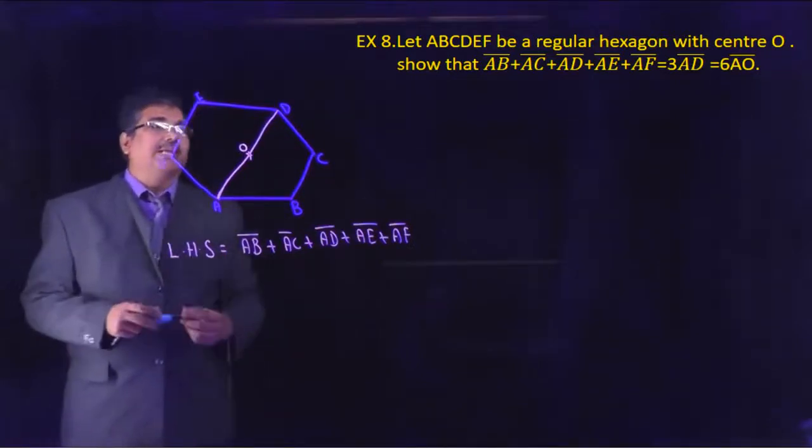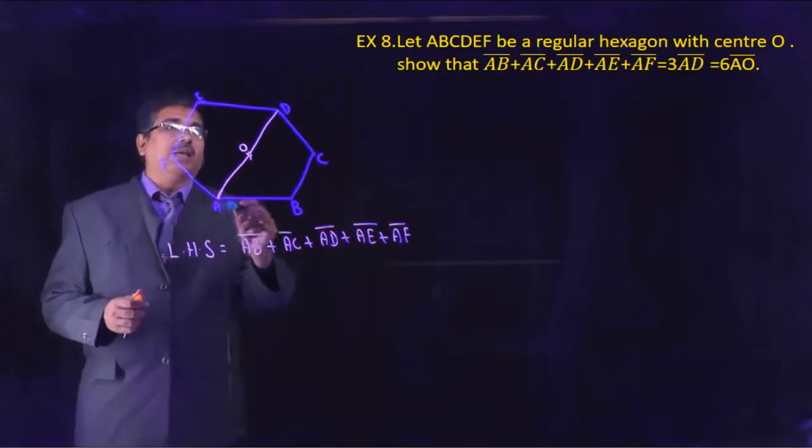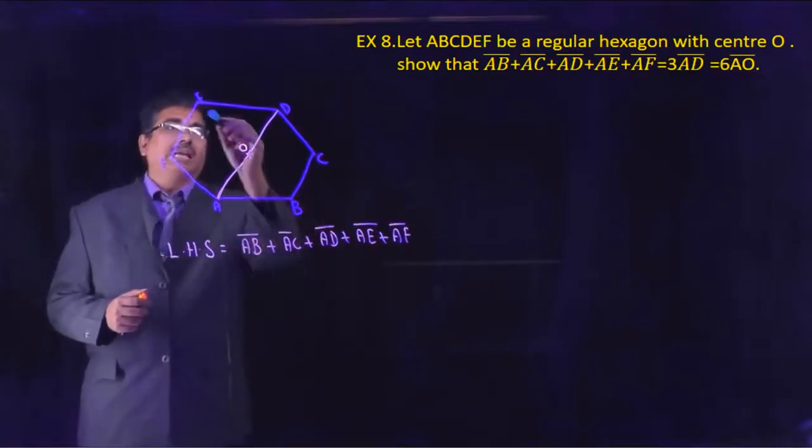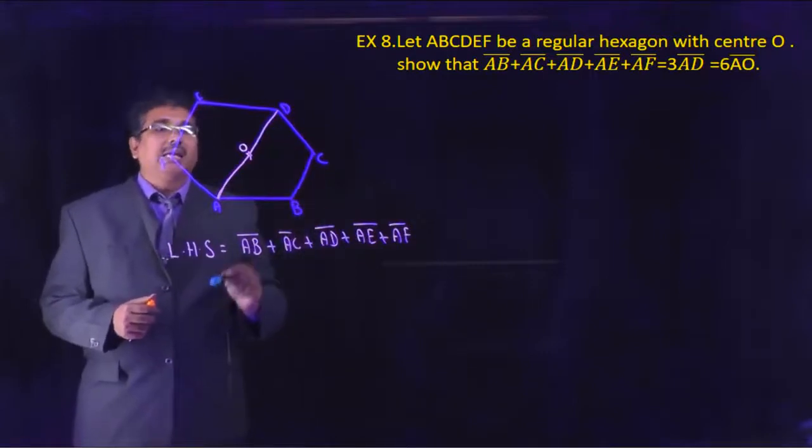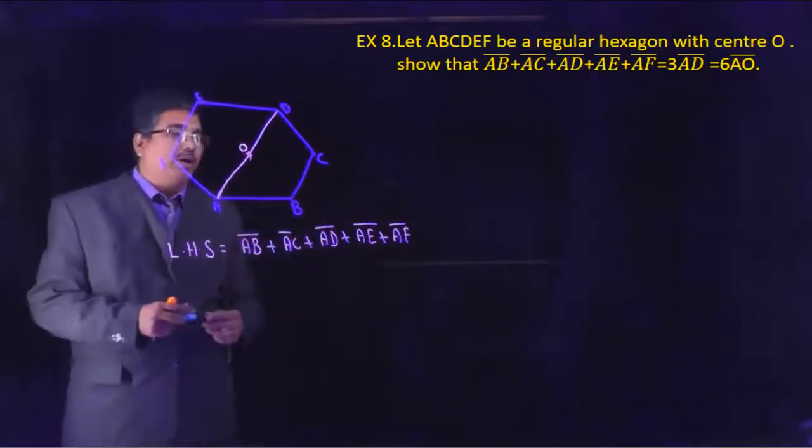In a regular hexagon, AB bar is equal to ED bar and BD bar is equal to AE bar.